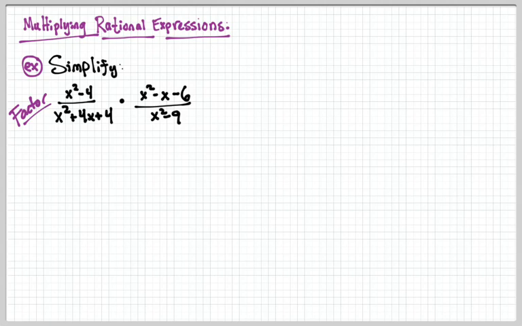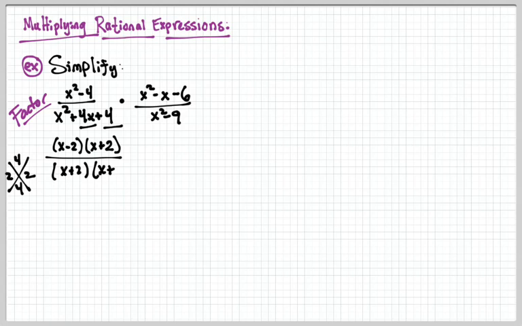Difference of squares on the top: x minus 2, x plus 2. On the bottom, some of you, it might help if you're using the x box. 4 up top, 4 on the bottom. What two numbers multiply to make that work? 2 and 2. They add together also, so x plus 2, x plus 2. We can use the x over here too. Negative 6, negative 1.